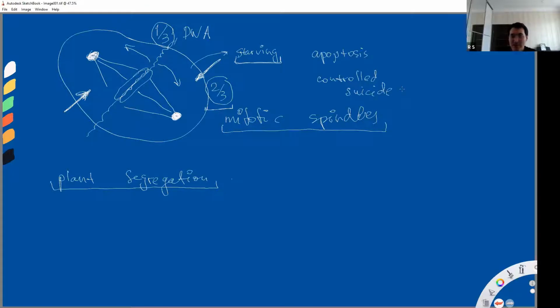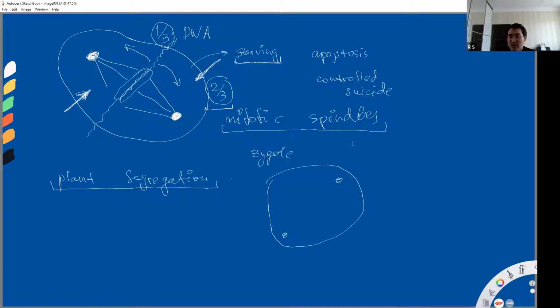and just dies. Okay. In some cases, like in Down syndrome, for example, we have this segregation problem on the level of the zygote or even before that.